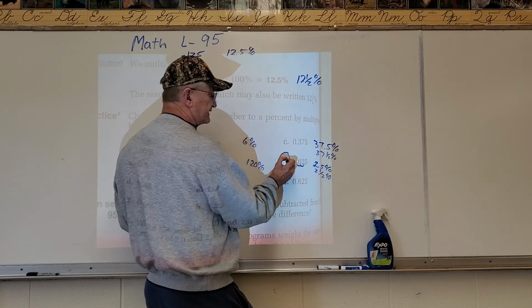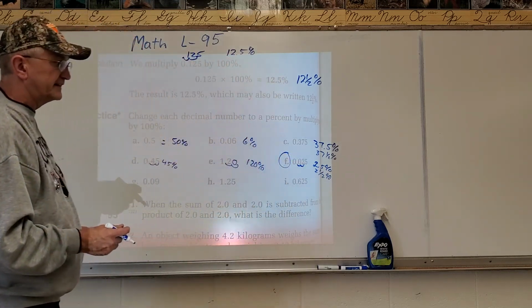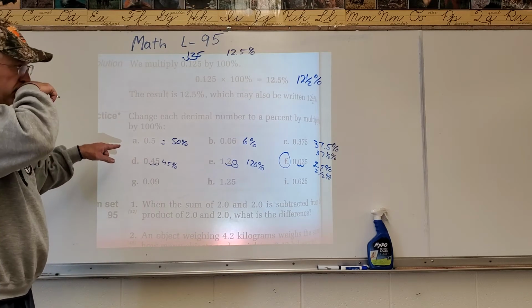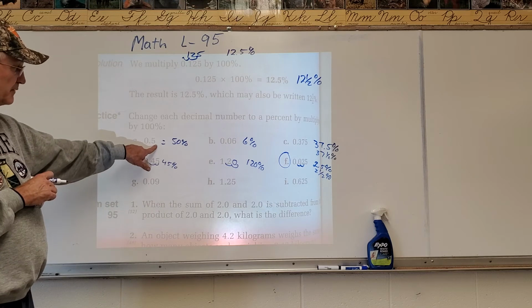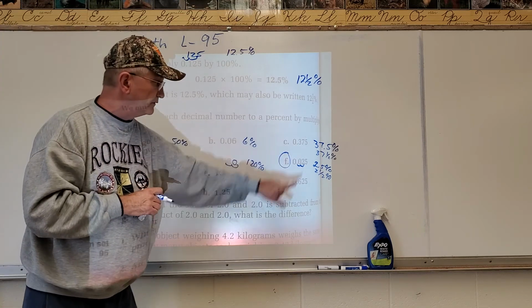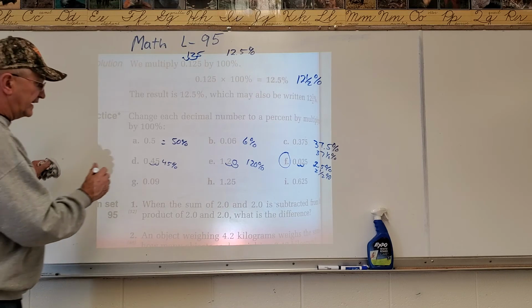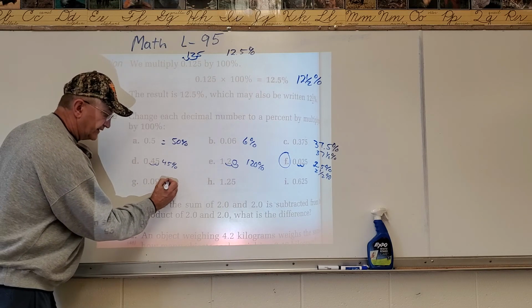I would really look at that one and see if you understand how I did that. Again, I'm following the same pattern: multiplying by 100, or just counting my decimal places to the right of the 0, and getting my percent. 0.09, 2 decimal places, 9%.